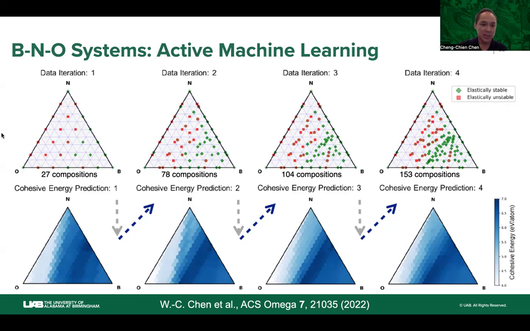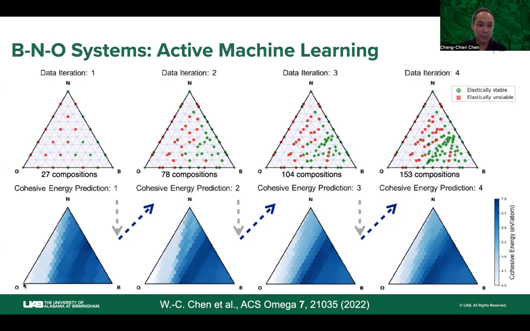Based on these samples, we then construct a corresponding machine learning model based on random forests to predict the cohesive energy. It's like the opposite of formation energy, so here the higher the cohesive energy, the more stable the compound is. One can see that in this region, for example, we have a high cohesive energy, so they are more stable.